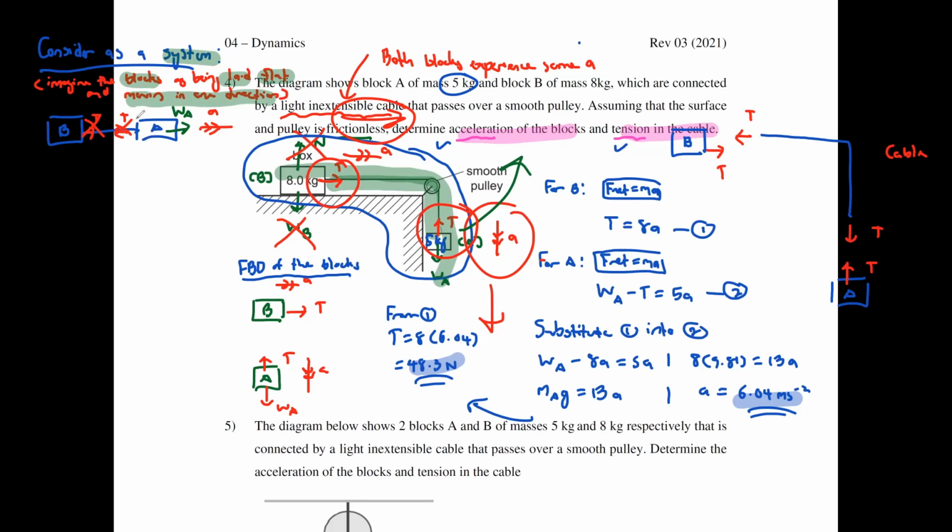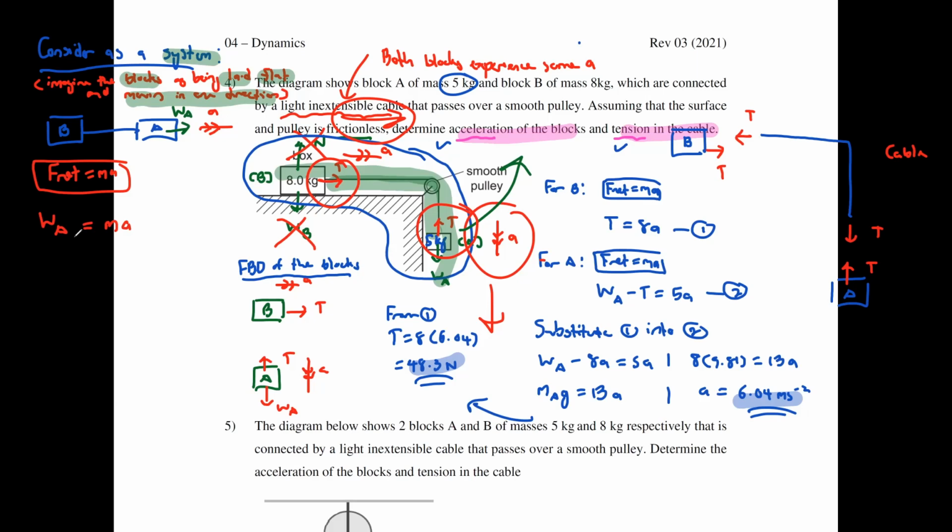If you consider the whole system, the tensions cancel off, so it's actually not something you want to consider. So the T here is not inside. You won't consider the T. The only force that you see is just this, and it's moving in this direction for your acceleration. So if you use Fnet equals ma, your Fnet is just WA equals your masses times your a.